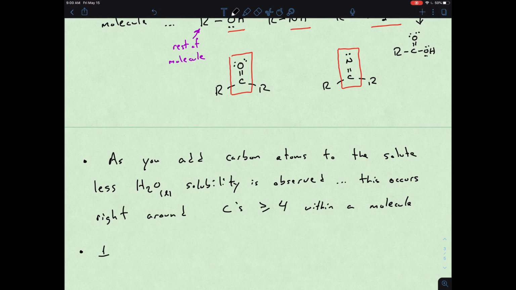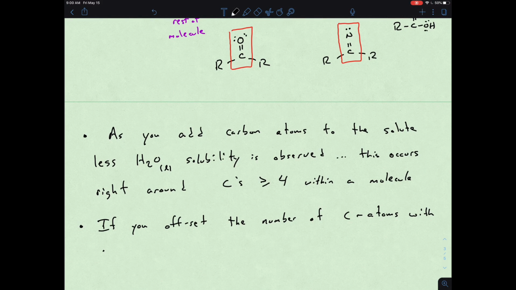Now, if you offset the number of carbon atoms with hydrogen bonding groups, then you will still observe good solubility.